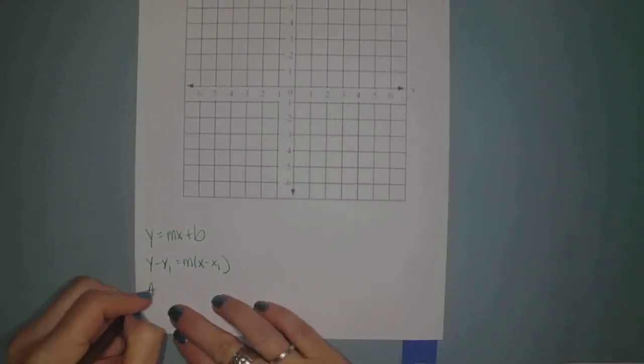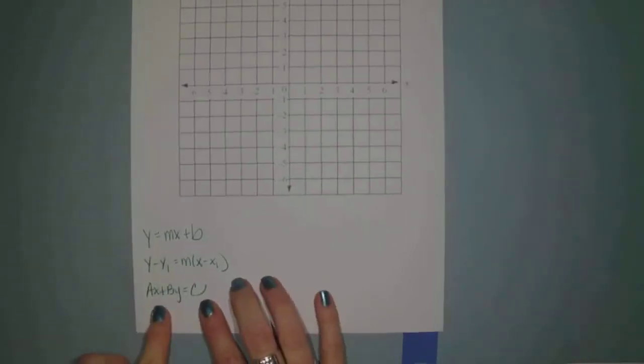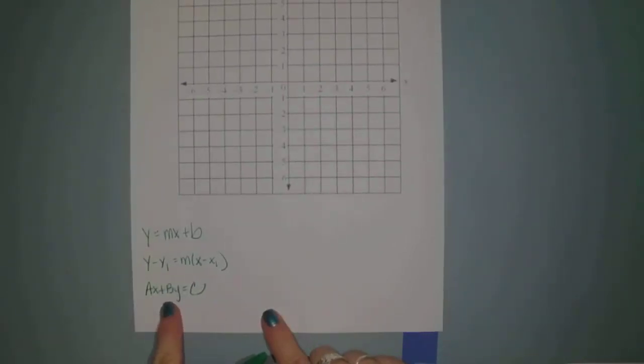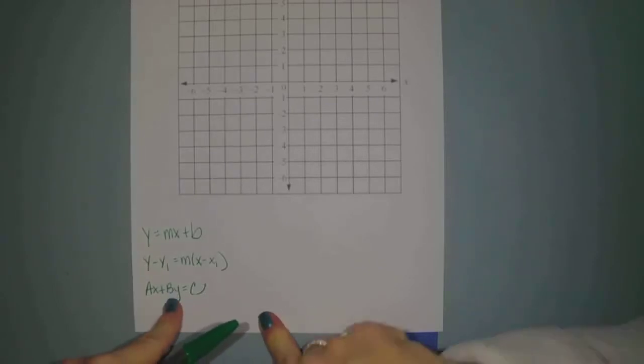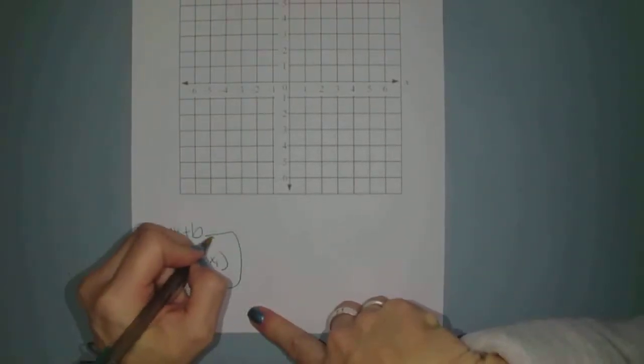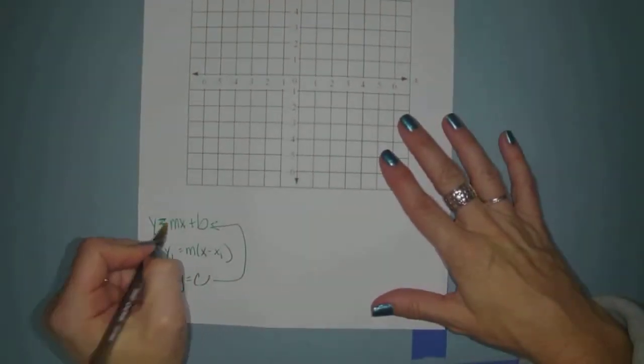And then we've also learned how to graph Ax + By = C, either by graphing the intercepts or by changing the literal equation to y equals, which takes us back to slope-intercept form, and then you just graph it like that. Okay, so this is what we've been working on.